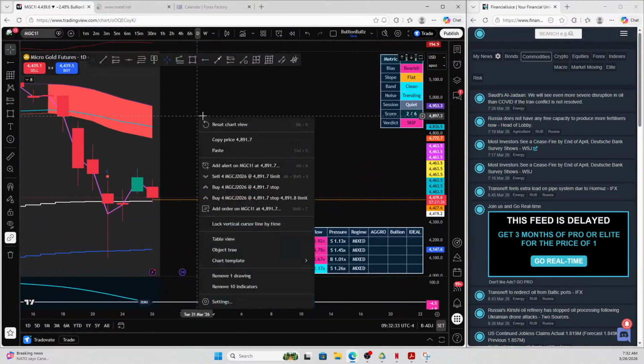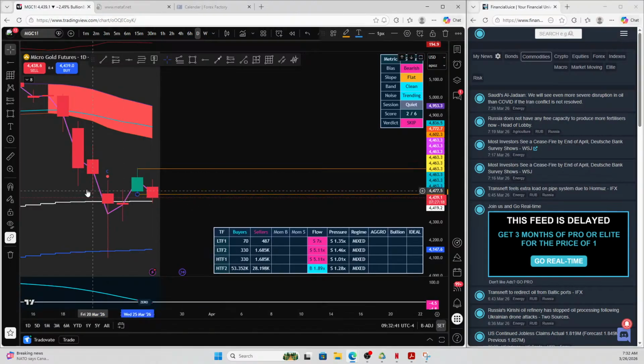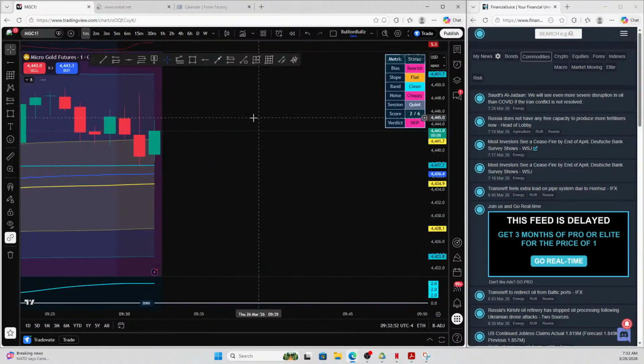Okay, what do we see? We have our previous day high, our previous day low, price is closing below, price is below the previous day low. So right away we are looking for short trades.